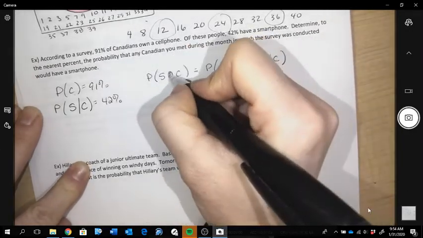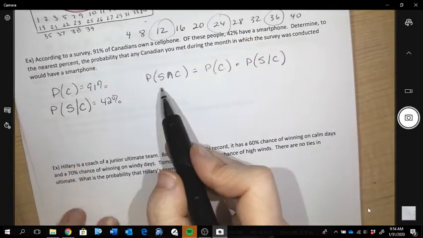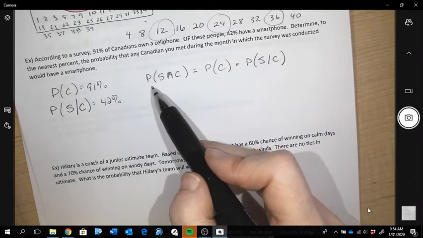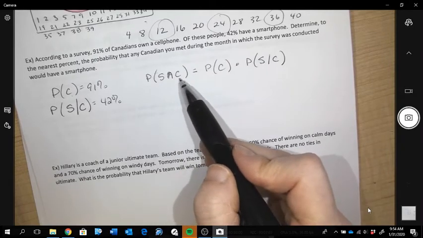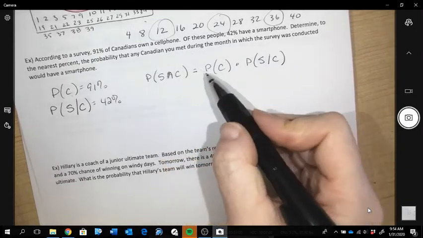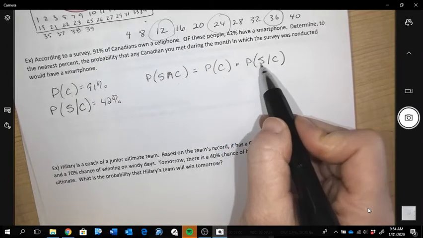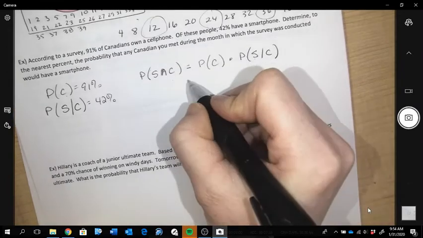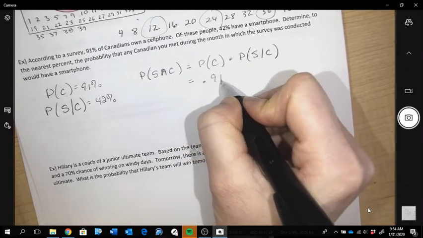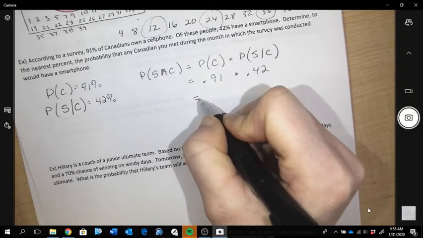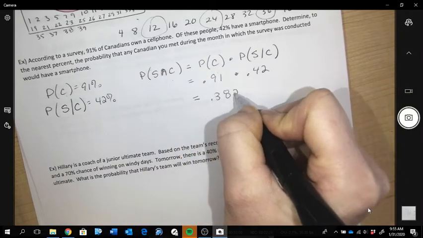So the formula is the probability of the and statement: the probability of a smartphone and a cell phone is the probability of a cell phone times the probability of a smartphone given they have a cell phone. So we know this and we know this. So if we multiply, it is 0.3822.